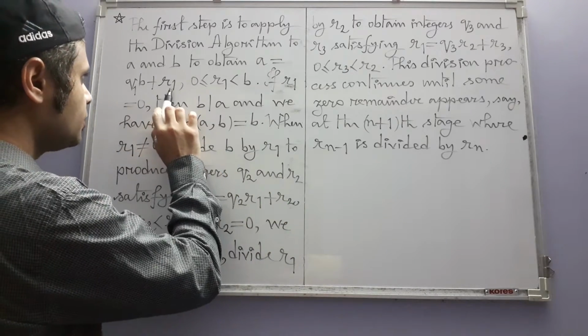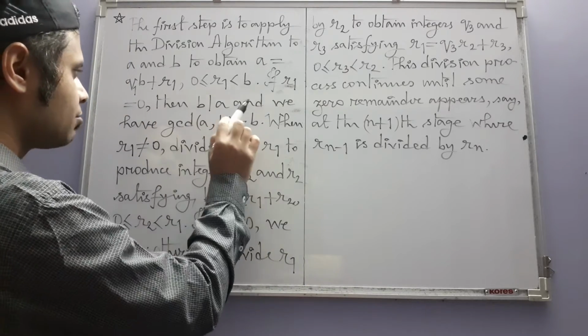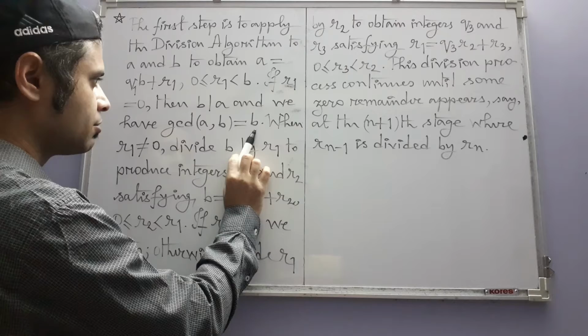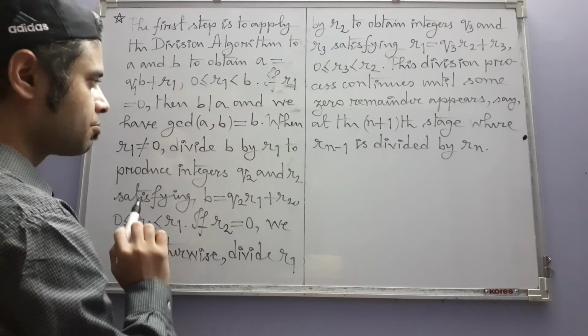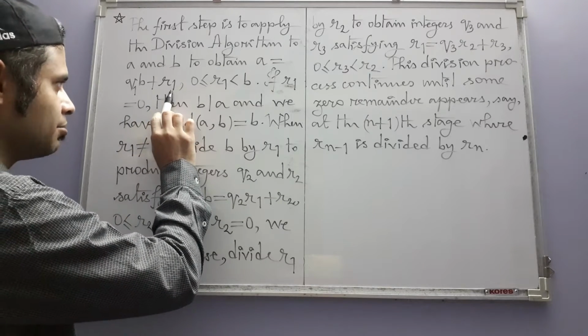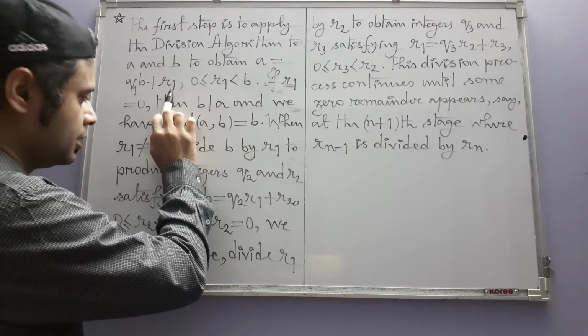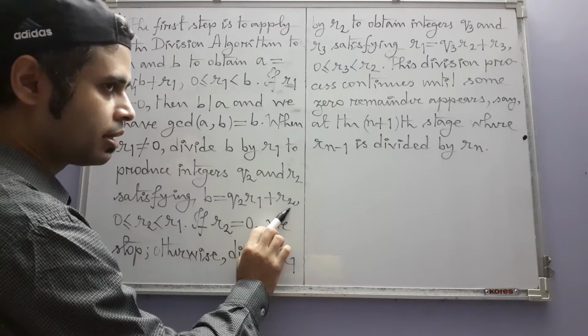Now R1 may or may not be 0. If R1 is 0, then immediately we have got the GCD. If R1 is non-zero, then R1 is positive. In that case, divide the divisor B by the remainder R1, which now is a positive integer. That will give you quotient Q2 and new remainder R2.